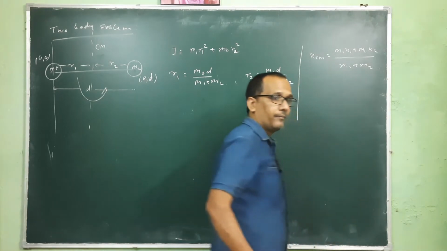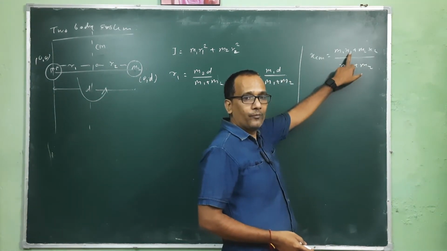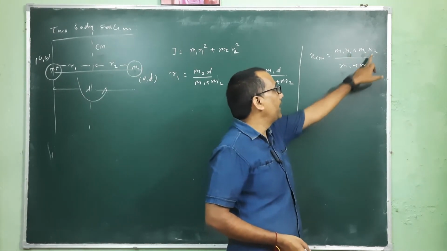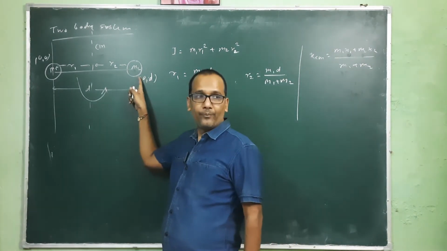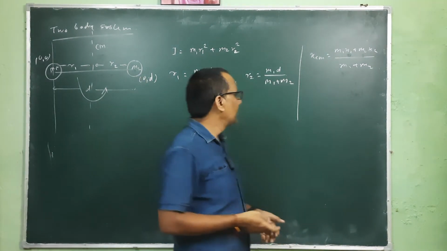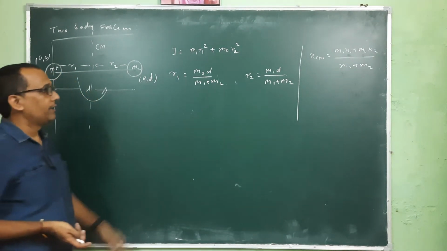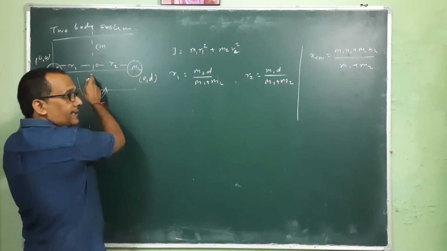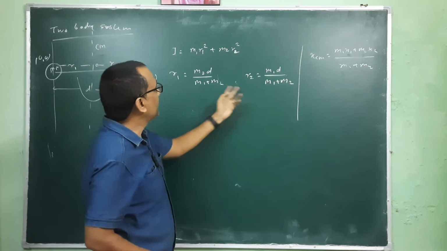We have taken x1 equivalent to 0. Then this is m2 x2 by m1 plus m2, and x2 is d. So r1 is equivalent to m2d by m1 plus m2, and r2 can be calculated as the total d minus x1. Okay, so let us put this value here.